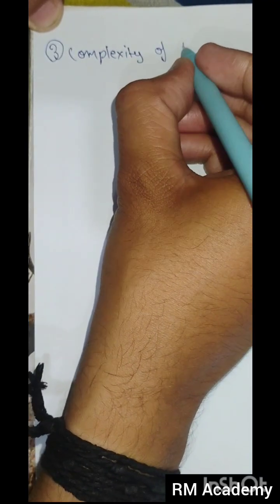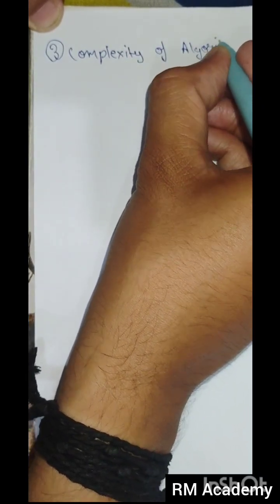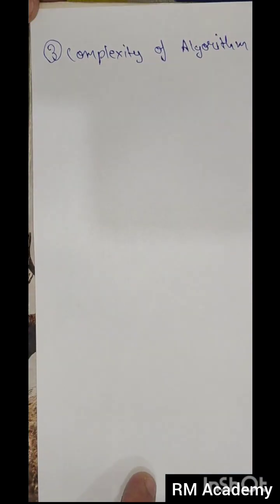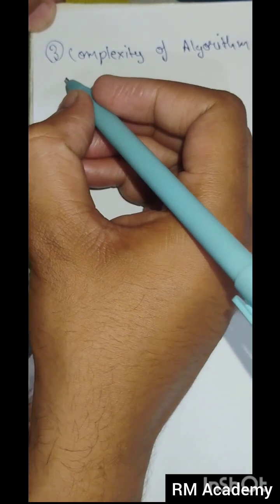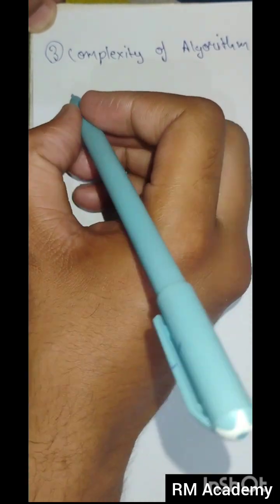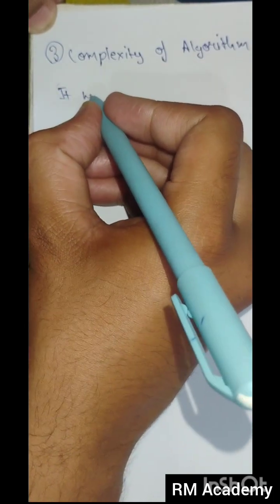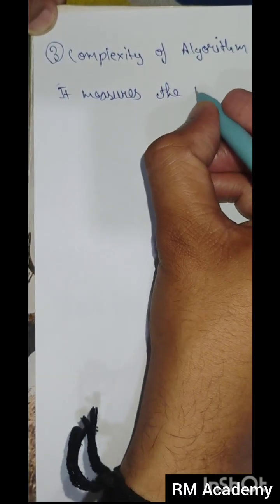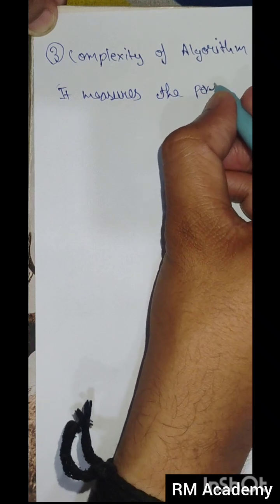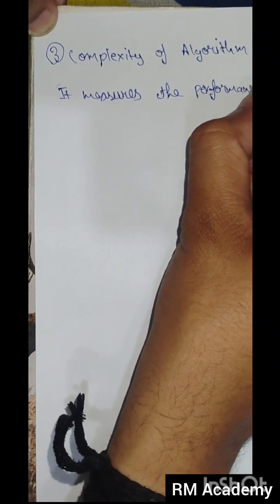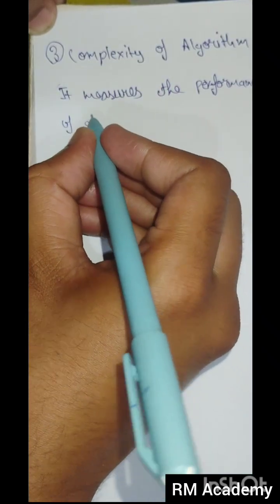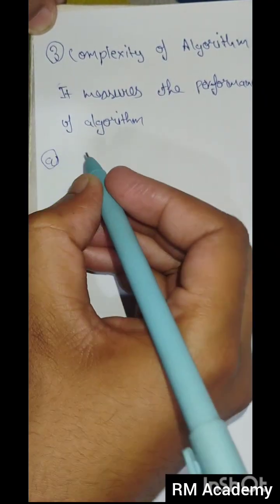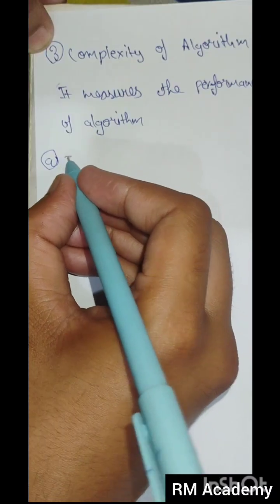Algorithm complexity measures the performance of an algorithm. There are two types of algorithm complexity. First is time complexity.